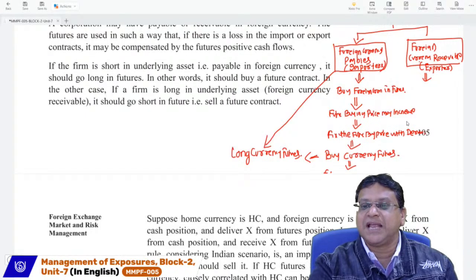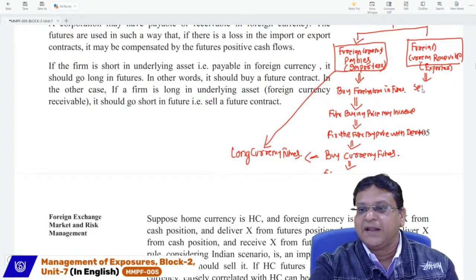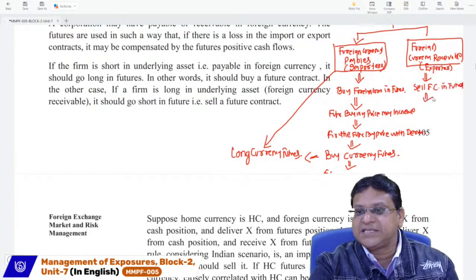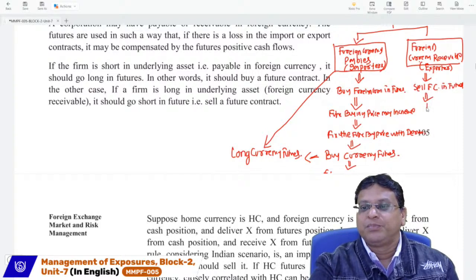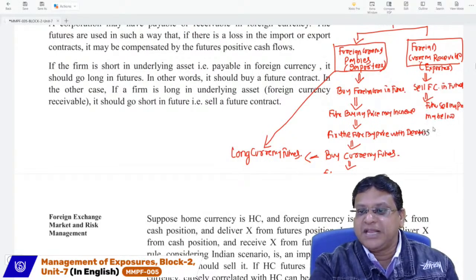So once they sell, they will sell foreign currency in future. So what is their greatest risk? The future selling price may be low. If the future selling price is low, what they will do?